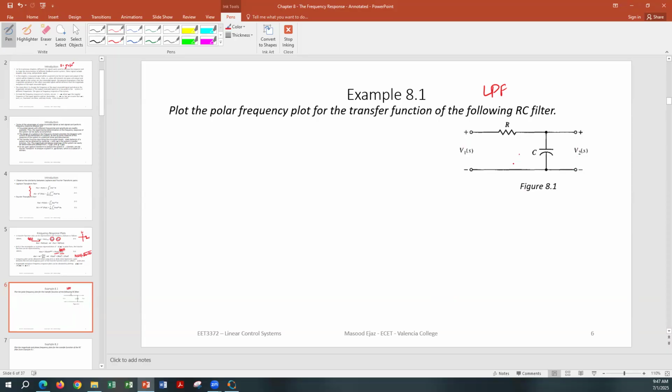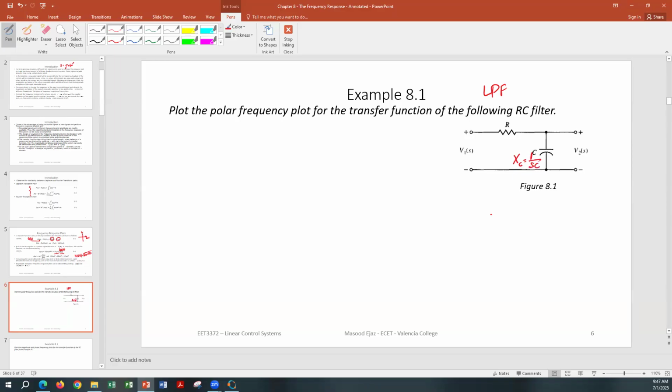What is the reactance of the capacitor in terms of the Laplace domain? Who remembers this? In terms of S, it's one over SC.